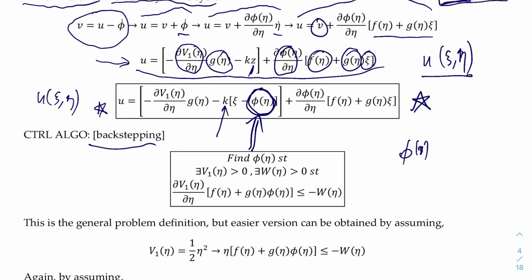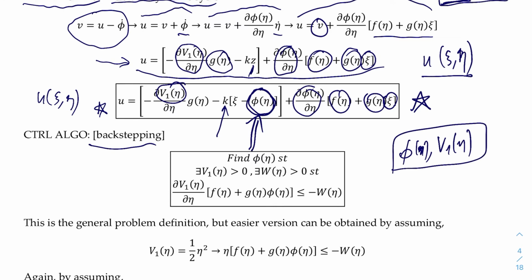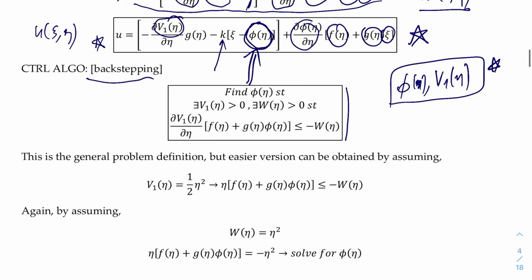Phi of eta, we know this, and we need to know v1 of eta. If you can find that, such that these conditions are satisfied, you are done with your problem. All right, this is the general idea.